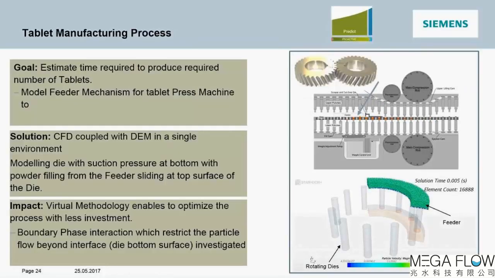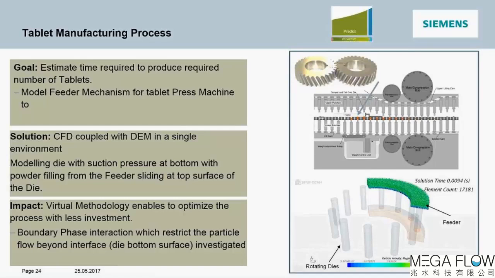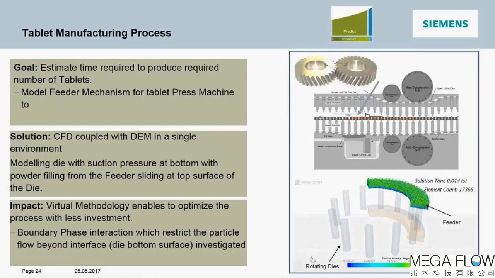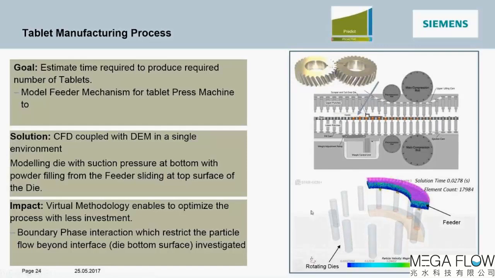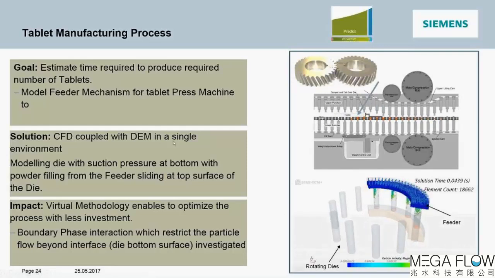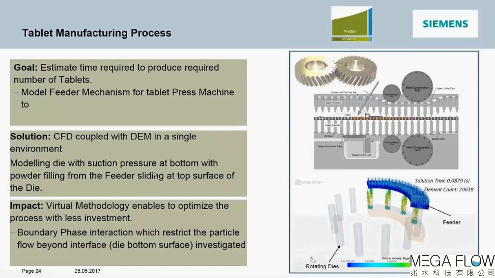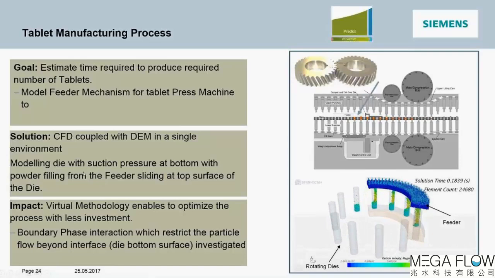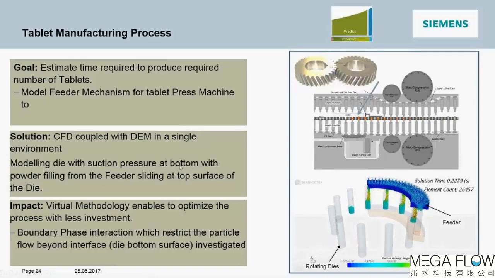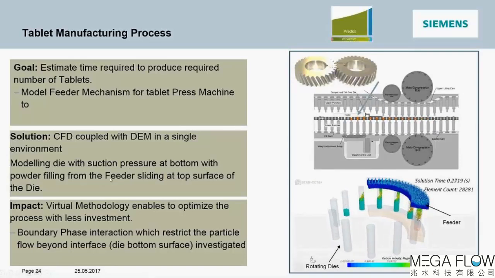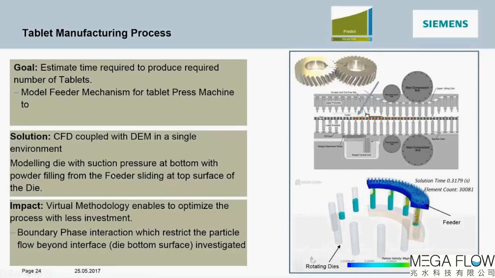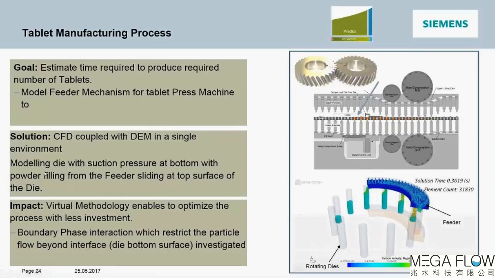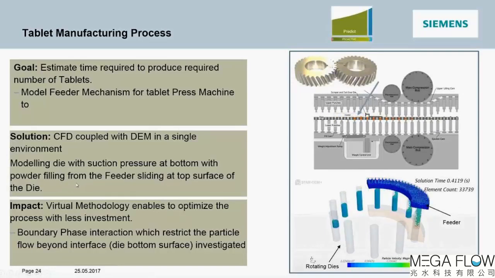This is an example of a tablet manufacturing process in which the compaction of powder for tablet manufacturing is seen, where again CFD is coupled with DEM in a single environment, and one needs to consider the flow of fluid because modeling the die with a suction pressure at the bottom with powder filling from the feeder sliding at the top of the surface is extremely important to get accurate results.